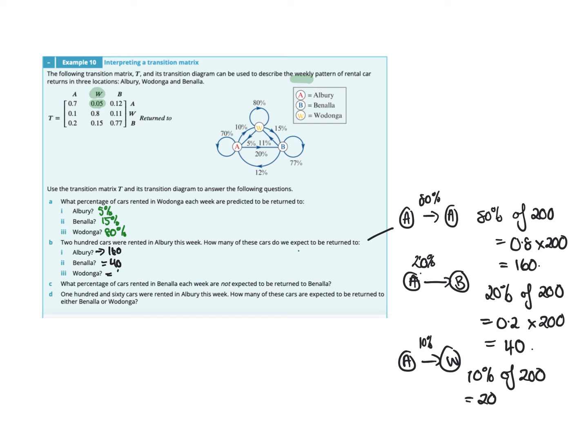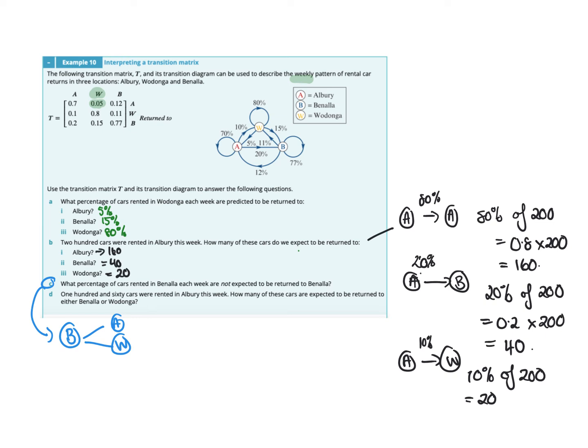Now it says, what percentage of cars rented in Benalla each week are not expected to return to Benalla? I'm going to do C. So we want Benalla now not to be returned. That would be Benalla to Albury and Benalla to Wodonga.